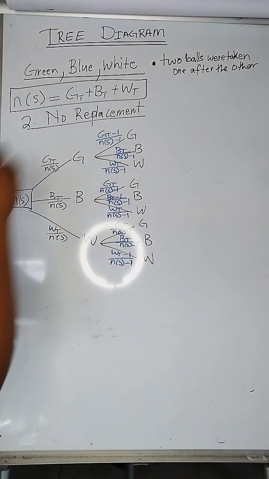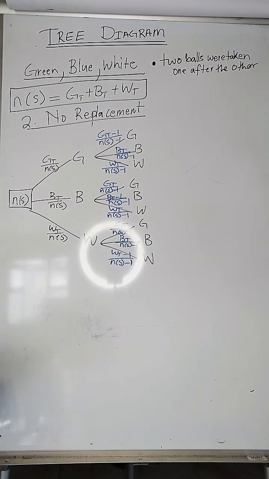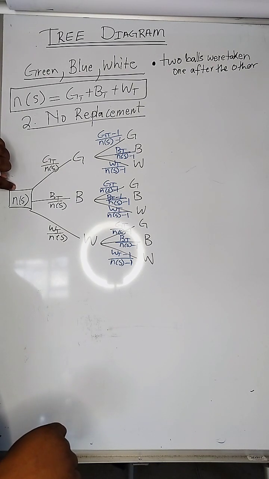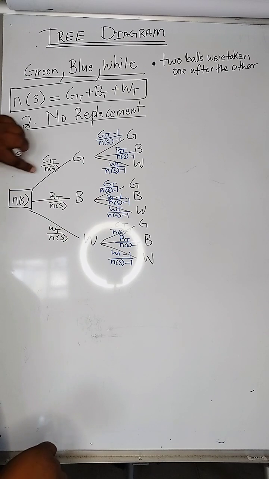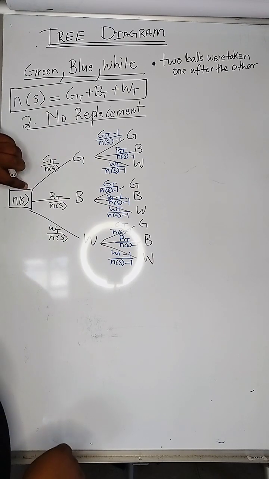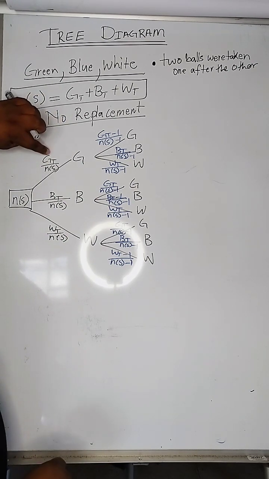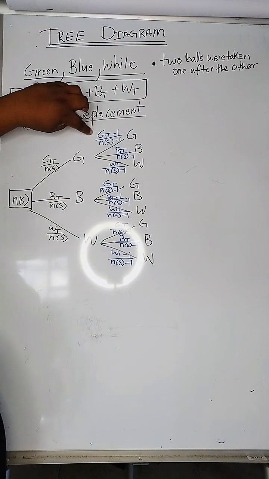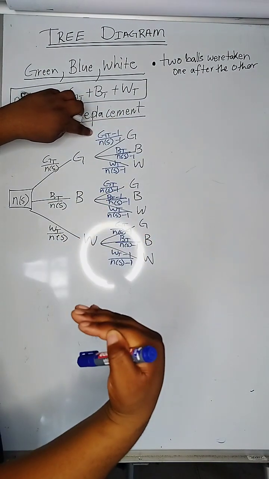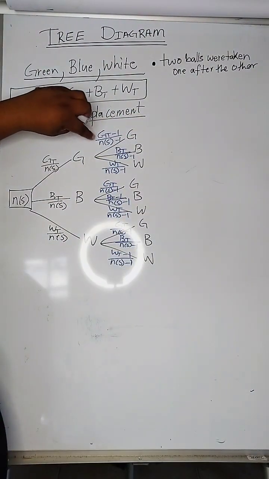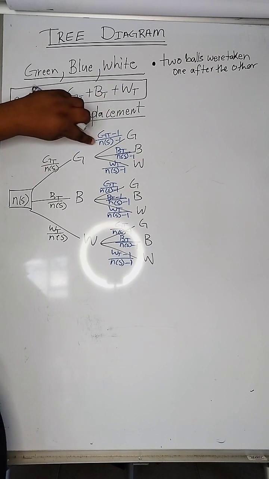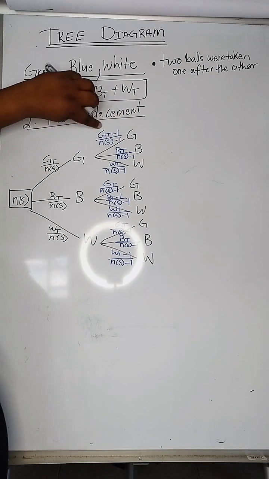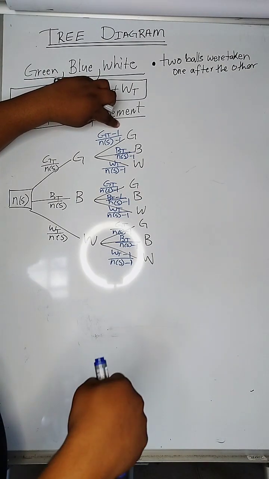Now say, what are these -1s? It's because now the ball was not replaced. So if here there were 50 balls, then here we know that 10 was green. We know that it was 10 here, okay? 10 over 50, okay? But here, since one ball is now not replaced, our sample space will decrease by 1. If it decreases by 1, it will be now 49 because it will be 50 -1. And here also it will decrease to be 10 -1, which will be what? 9.